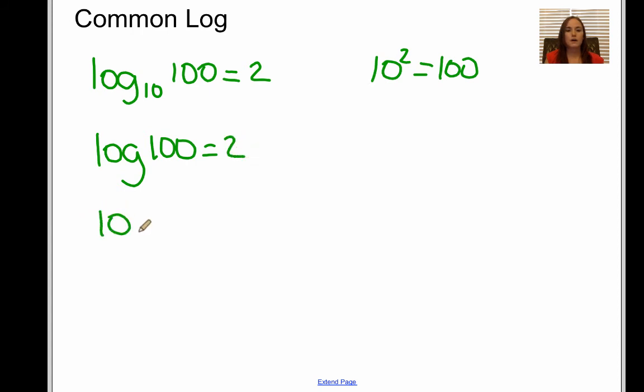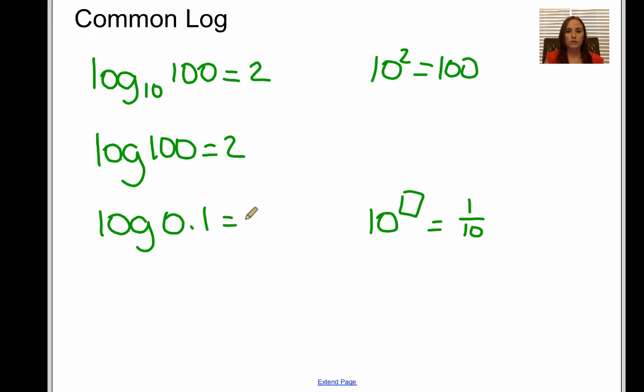Log of 0.1, well, that would equal 10 to some power gives me 0.1. 0.1 is the same thing as 1/10, if it's easier for you to see it that way. And now you can see that this was flipped. You had to do the reciprocal of the base.